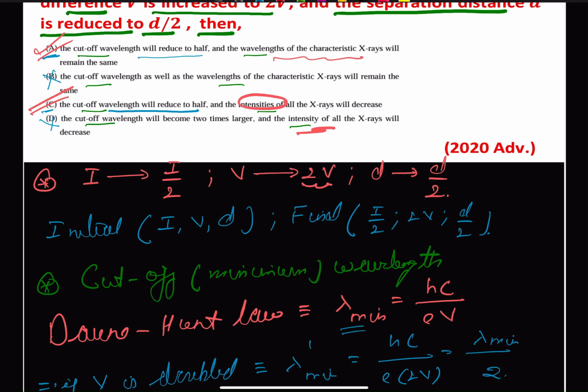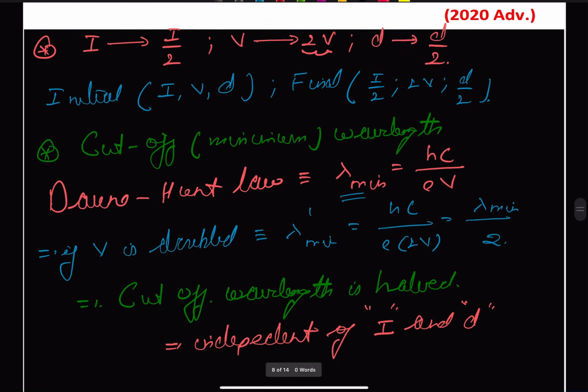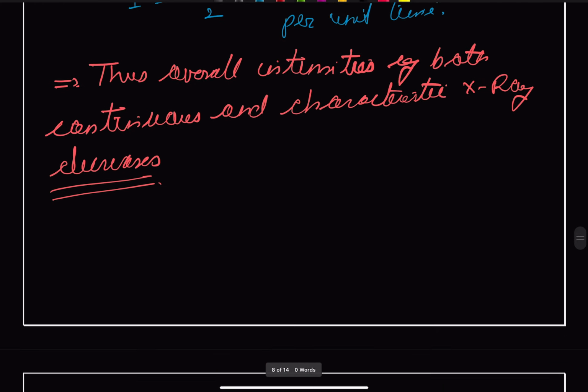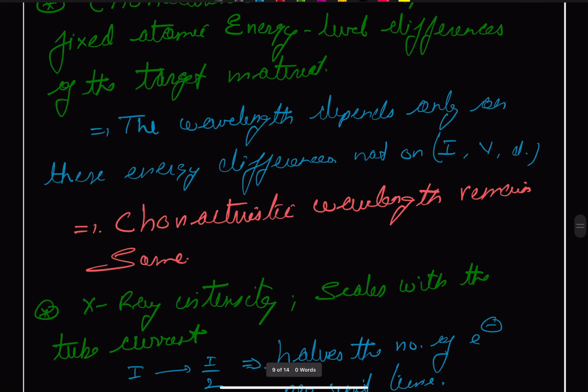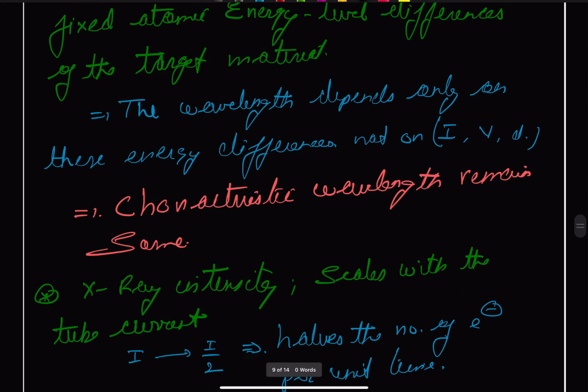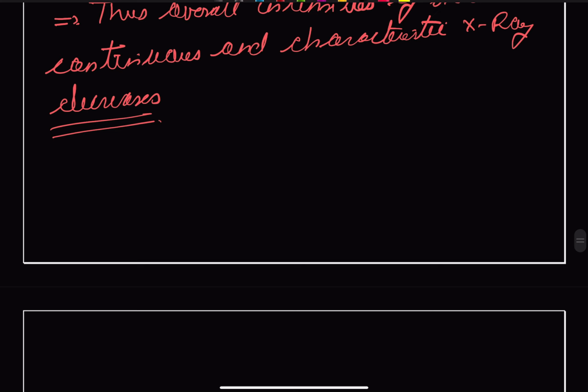If you want to check, with respect to d we can also make a comment, because in the options there is no mention of d. We are given that the distance between cathode and anode separation, d, is made d by 2.